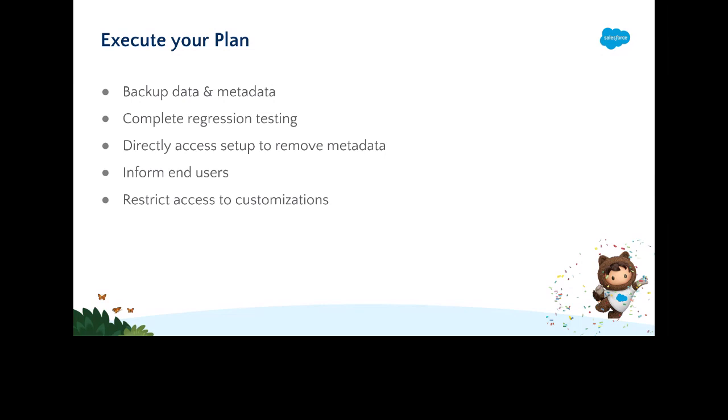Doing it internally, make sure that no one has the access to do any more customizations, or maybe someone ends up feeling that this should be done, and they will do the customization directly on production, or in a full copy sandbox and deploy, which may end up again a disaster.